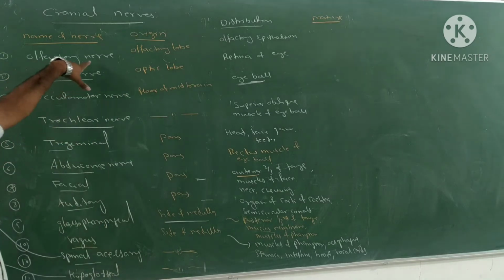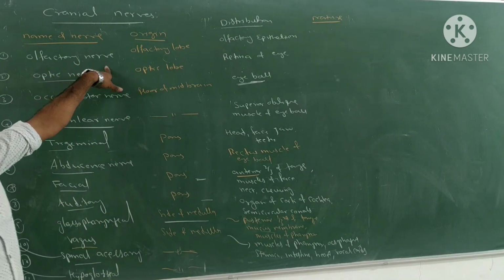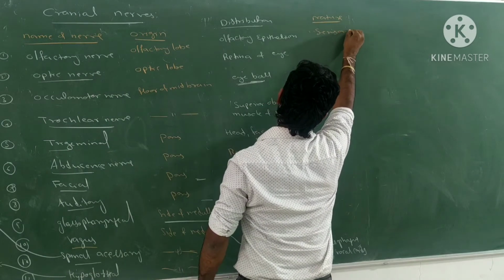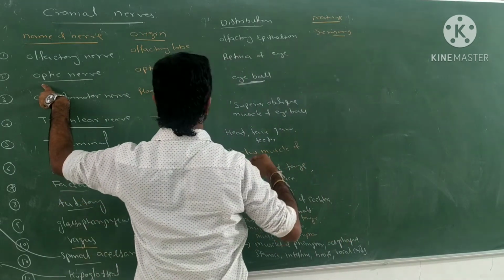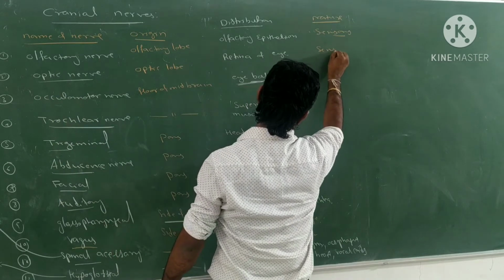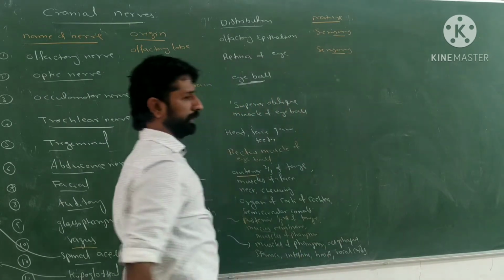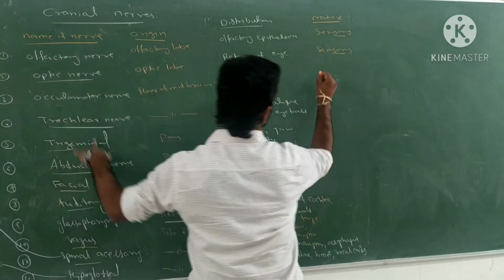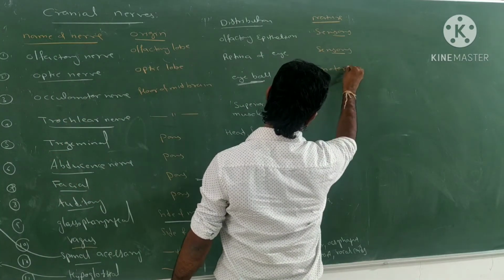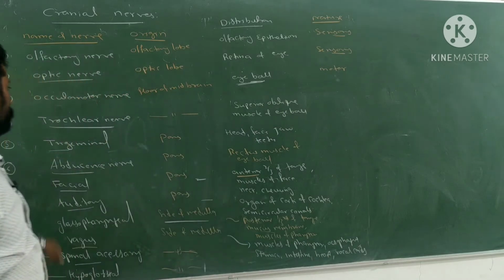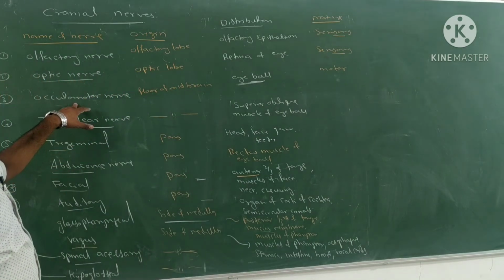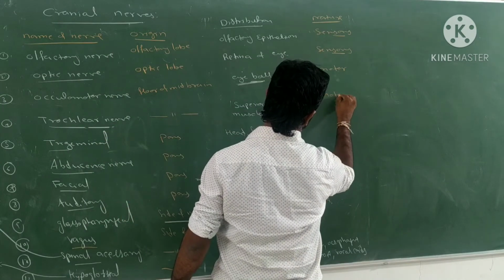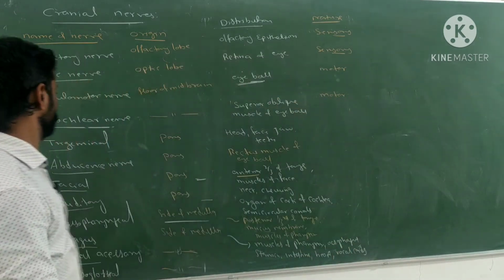What about the olfactory nerve? Whether they are sensory or motor? So these are sensory. And the optic nerves, they are also sensory in nature. Next, oculomotor. These are motor in nature. Next, the trochlear nerve, those are also motor in nature.